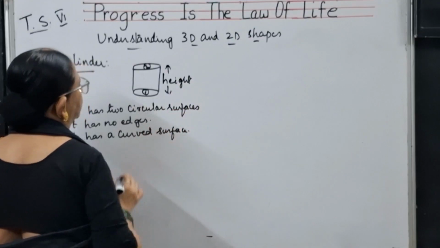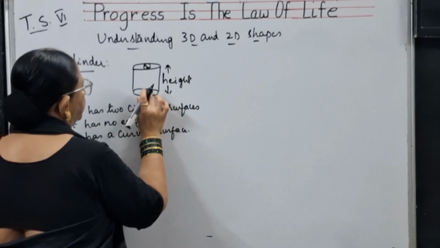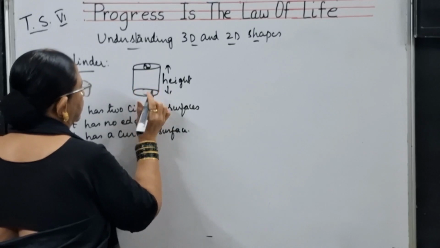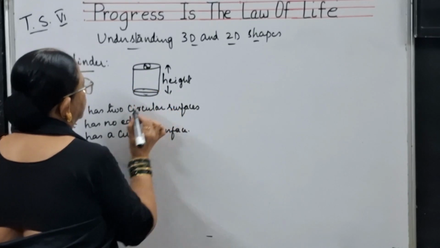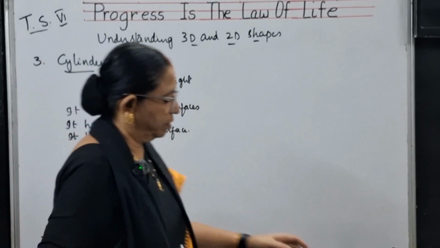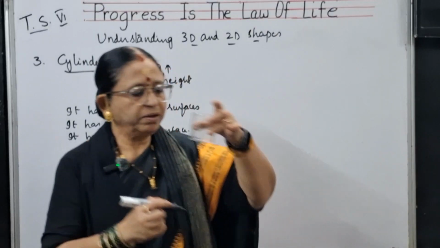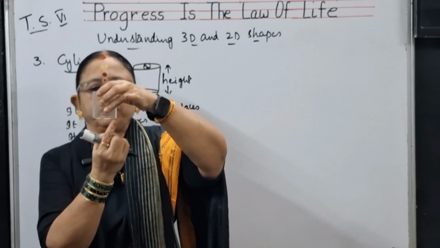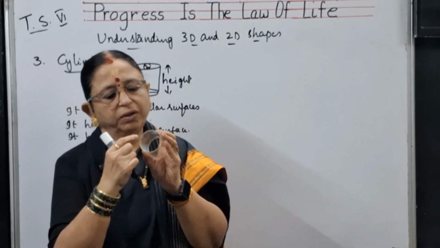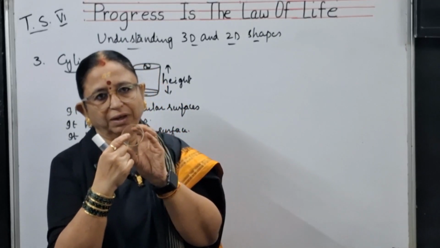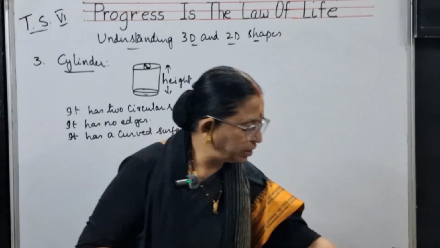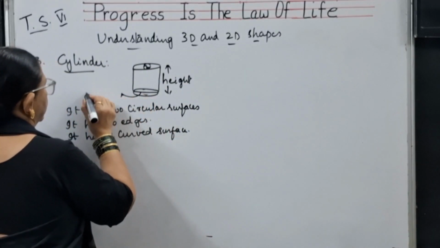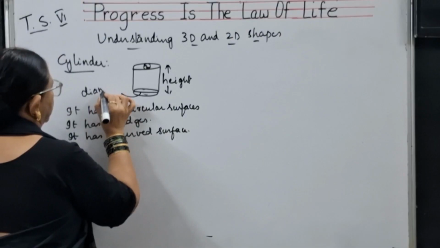This is the height of the cylinder, and this part, let me draw this here. This part is the base. In the base, the center part, like this line from here to here. This is a circle, no? In the circle, when you take the center and draw a line, we call it the diameter. So this is considered as diameter.